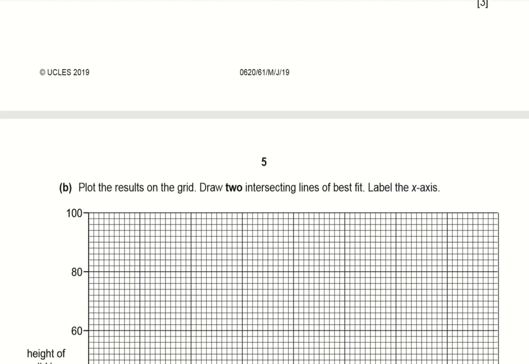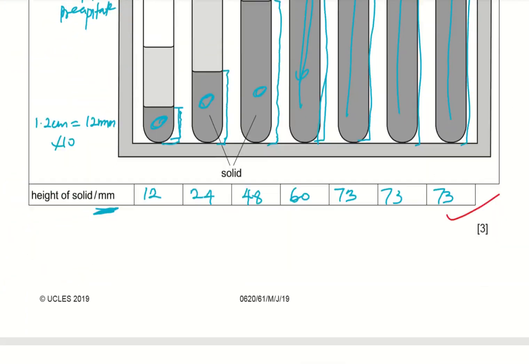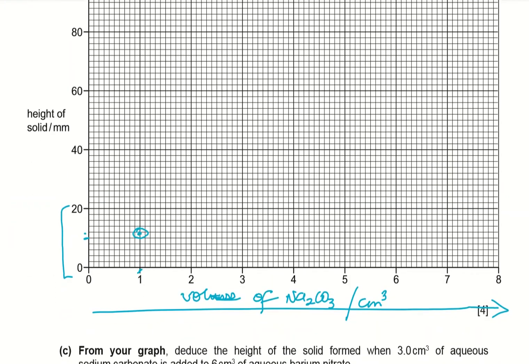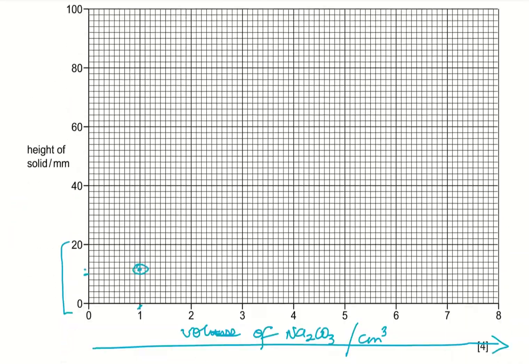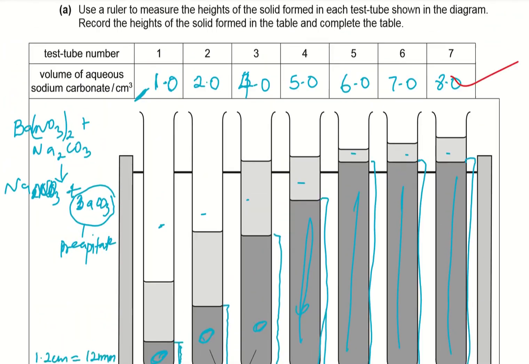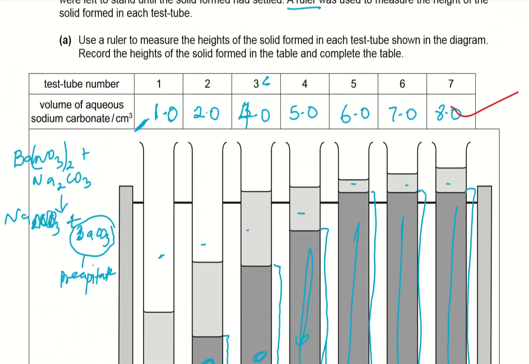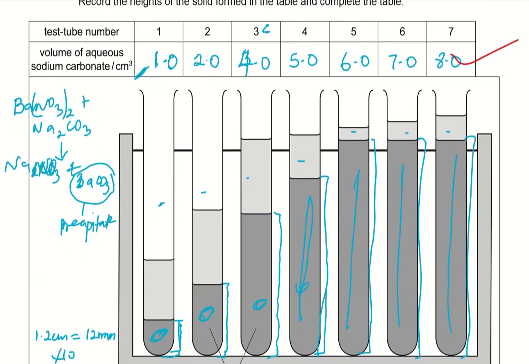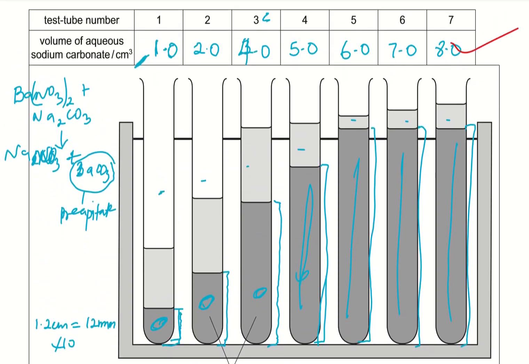Then for the next one, 2 cm cube, you have 24 millimeter. So 24 millimeter should be somewhere here. Then the next one, your height here is 4 centimeter cube.